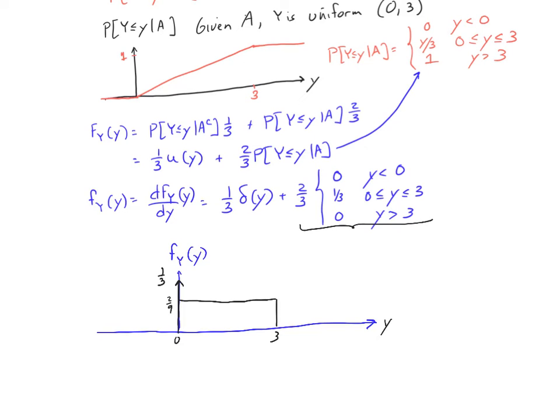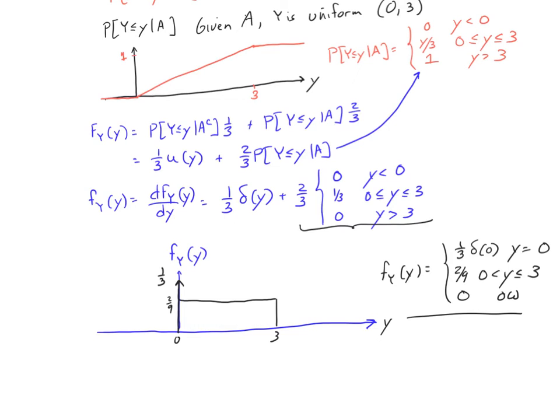But in fact, the impulse is infinitely tall, and it smashes the contribution of the 2/9. So in fact, one way to write this is the PDF of y is equal to 1/3 delta of 0 at y equals 0, and it's equal to 2/9 for y strictly greater than 0 and less than or equal to 3, and then it's equal to 0 otherwise.